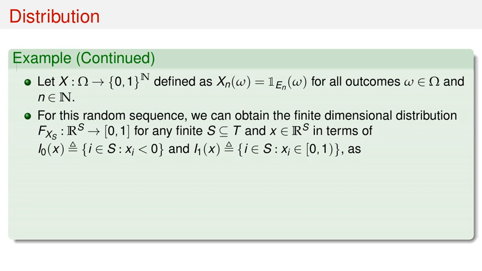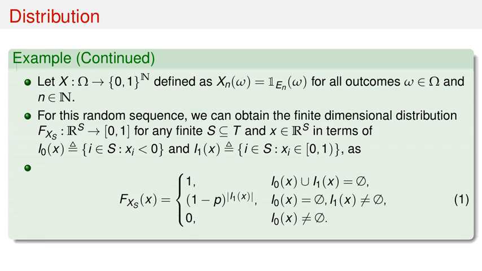For this random sequence, we can obtain its finite dimensional distribution F_{X_S} from R^S to [0,1] for any finite S subset of T, here T equals ℕ, and any x in R^S. Let I_0(x) be the set of indices i in S such that x_i is less than 0, and I_1(x) be the set of indices i in S such that x_i is in the interval [0,1), inclusive of 0 and exclusive of 1.